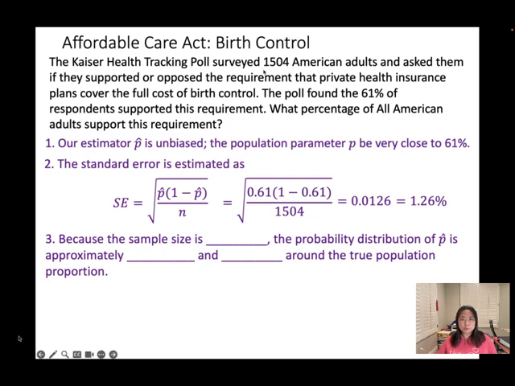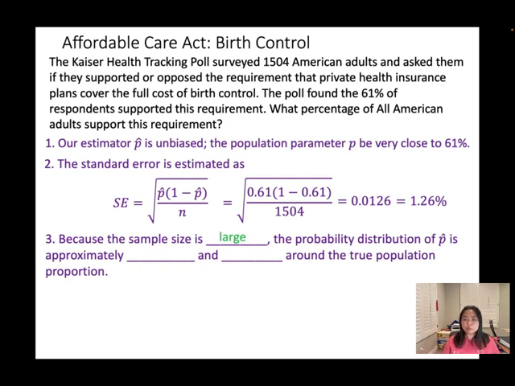Okay, so think about it. We have 1,504 American adults, so we could say this sample size is large. And the probability distribution of the sample proportion is approximately normal. Think about the requirements for the central limit theorem. We want a random and independent sample. Second, the sample proportion times the sample size, 0.61 times 1,504, has to be greater than 10.